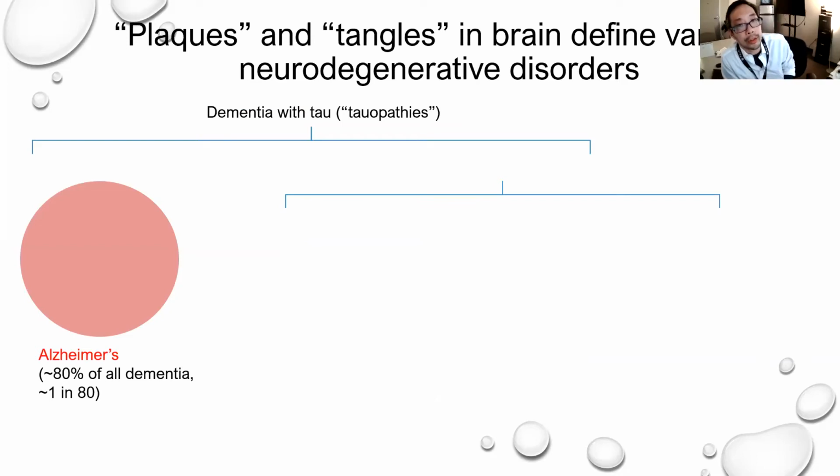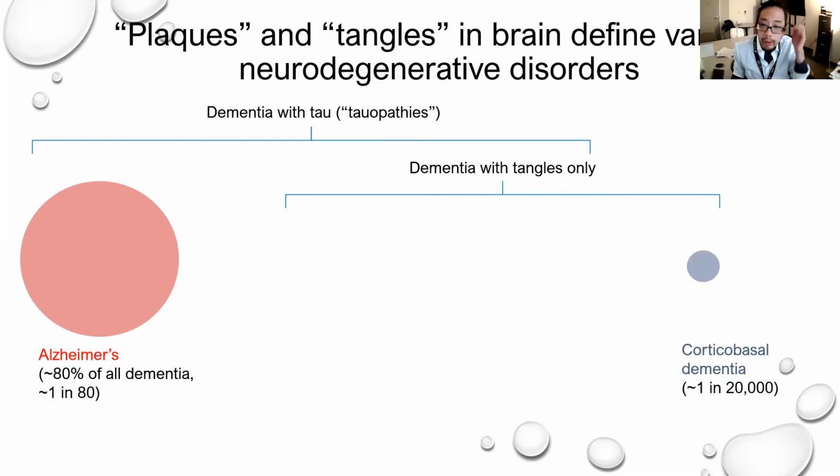So plaques and tangles, they define different classes of neurodegenerative disorders. So there's just Alzheimer's disease, which has both plaques and tangles. But Alzheimer's falls under a more generalized class of diseases called tauopathies. And these are all diseases that have this tau pathology or these tau tangles within the brain. There are dementias that only have these tangles.